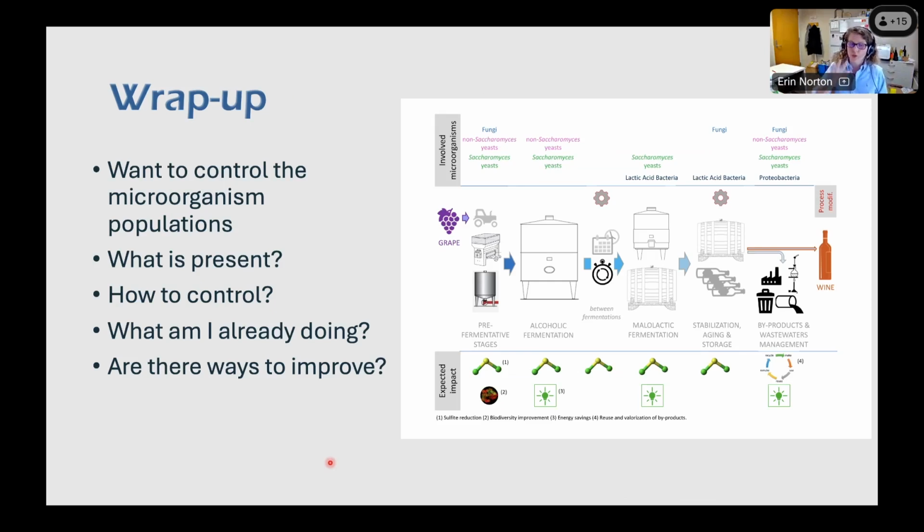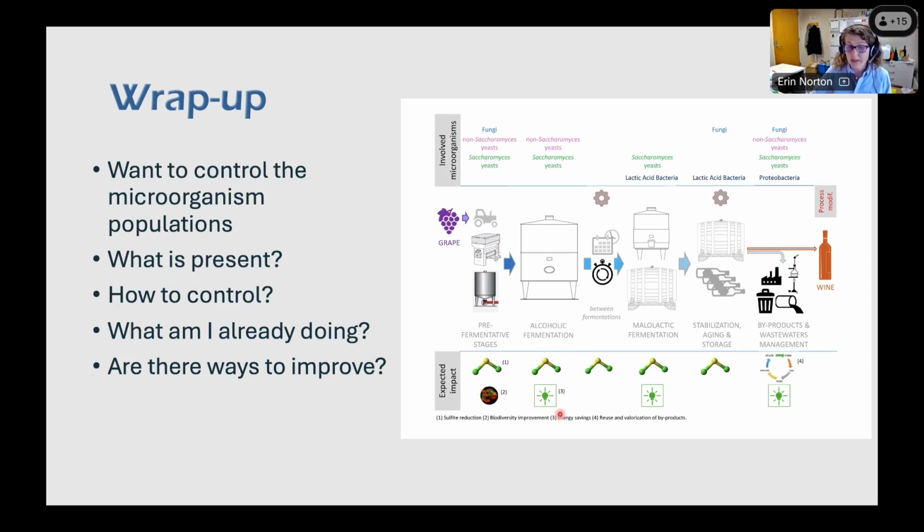So there are ways to think about using some of these bioprotection methods at different stages in the winemaking process to improve on certain aspects. Down here, these are the impacts that you might see. SO2 reduction is shown with these little stick diagrams. Then there's microbial diversity, which is not always a bad thing, right? Remember when I was talking about those fermentations at the very beginning?